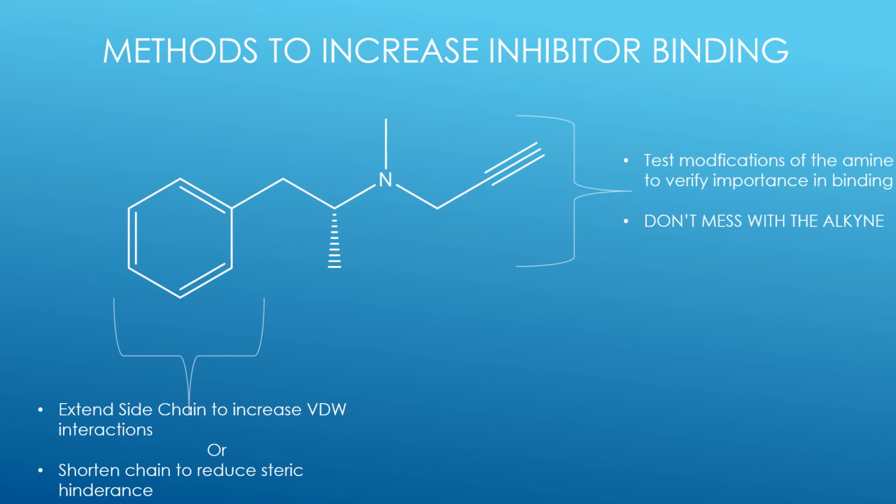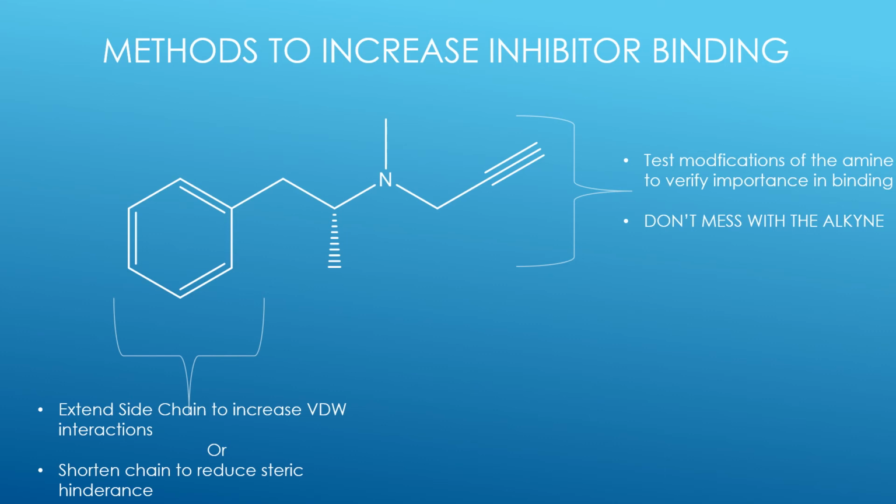Let's talk about some potential modifications we can make to L-deprenyl. First, let's take a look at its structure unbound to FAD. We see that there is a tyrosine ring attached to 2 carbons. This section of the molecule is most likely essential for binding to monoamine oxidase B and to the FAD coenzyme.